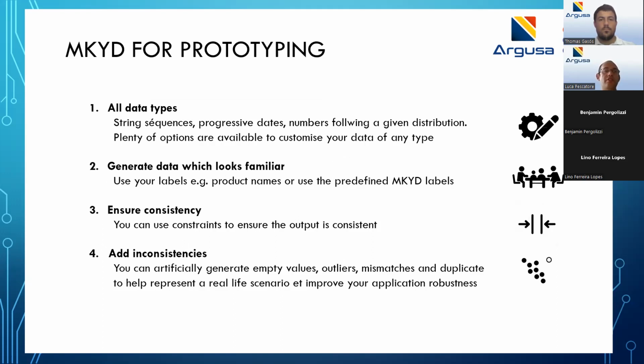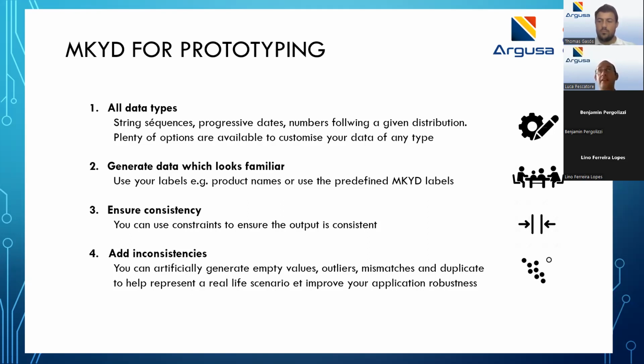A couple more words about today's webinar. So this is about prototyping and testing. So we'll see that you can generate data of all kinds, so of all data types, strings, dates, numbers. You can build sequences, for example, of strings, dates, numbers, and so on, and build correlations between them.